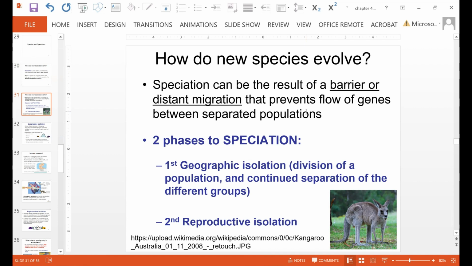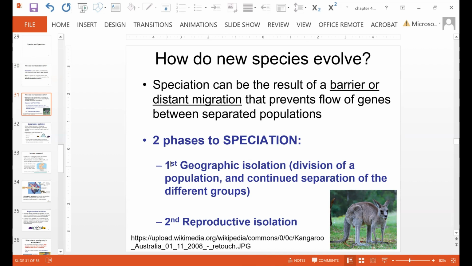So how do new species evolve? Speciation can be the result of a barrier or distant migration that prevents the flow of genes between separated populations. So there has to be some reason why different groups of a species are separated.